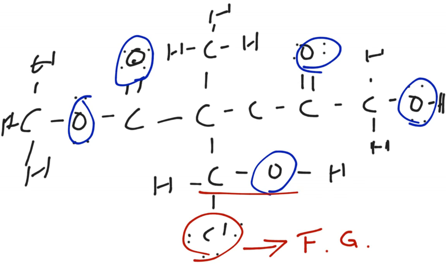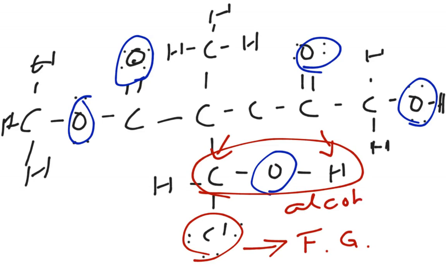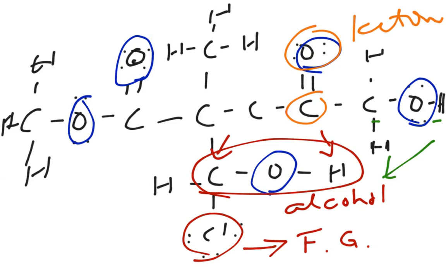This guy we see has a carbon on one side and a hydrogen on the other, so that is an alcohol. This guy we see is the same, so he is also an alcohol. This guy, we have an oxygen that is double bound to a carbon, so he is a ketone. This guy, we have an oxygen double bound to a carbon, so he looks kind of like a ketone.